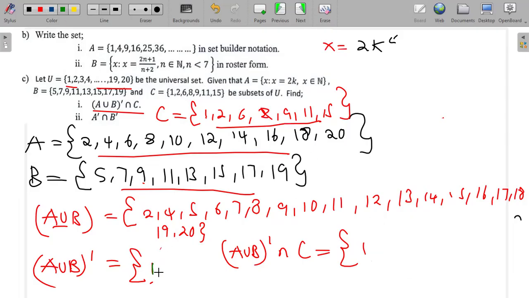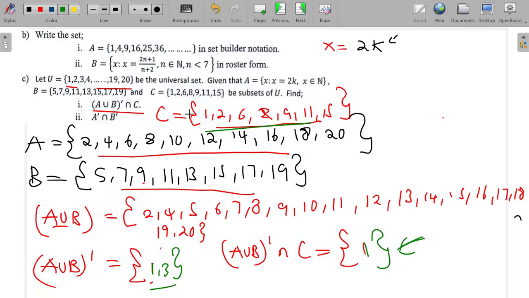So here in the complement, I have 1 and 3, because I can't see 3 anywhere there. So (A union B) complement intersection C is still going to be 1, because between this set and the set C, only 1 is common. So the first answer is this one.